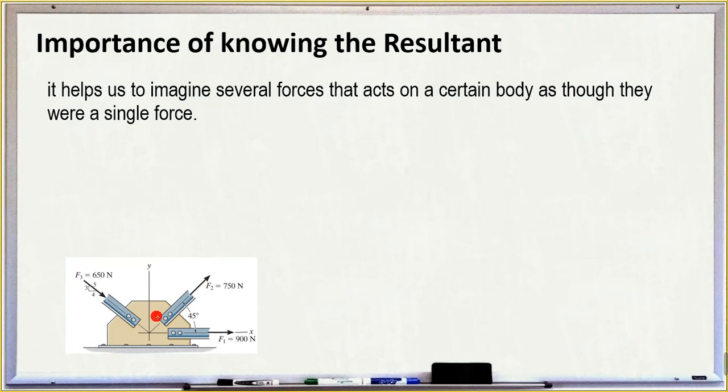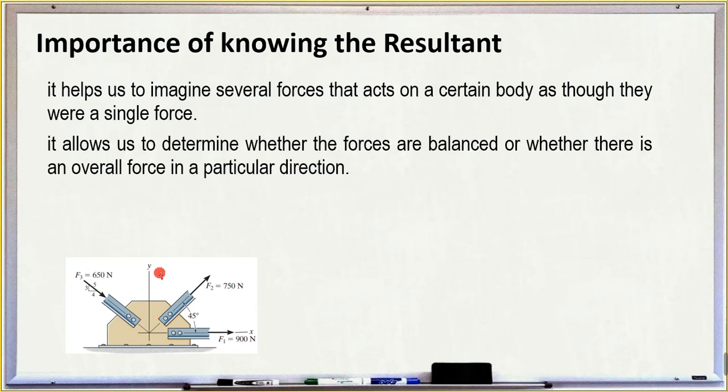So what we look at, if we analyze its integrity and its strength, is the resultant of these three forces. It allows us to determine whether the forces are balanced or whether there is an overall force in a particular direction. With the resultant of a force, we will know if the plate is equalized or in equilibrium.